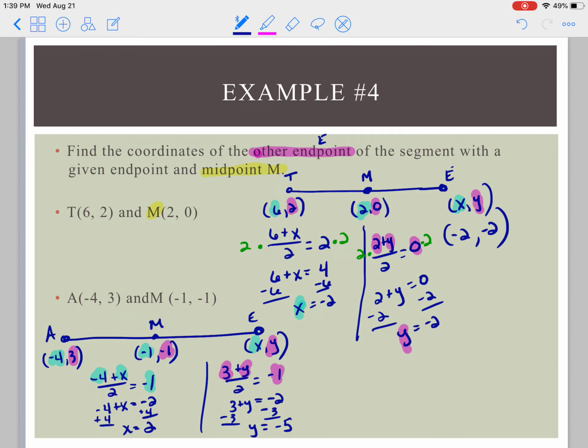Okay, I did the math a little bit quicker on those simply because it's the same process as the previous two examples. But what that means is that my coordinate for endpoint E is 2, -5. So there's the -5, which is the endpoint.